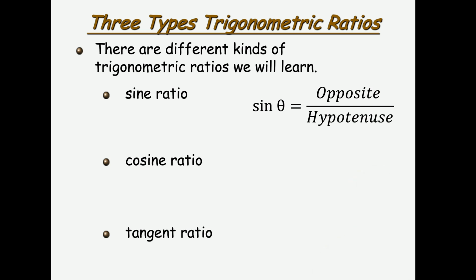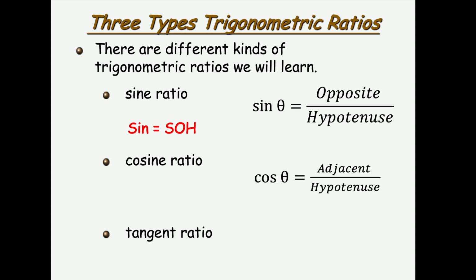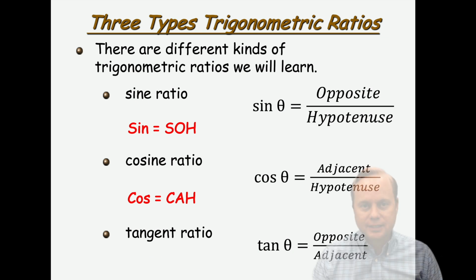Then cosine, we refer to as just COS, and that is the adjacent side divided by the hypotenuse. That one is CAH is how we shorten that one even further. And then finally we have the tangent. Tangent is the opposite over the adjacent side.